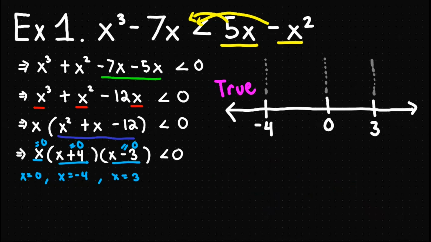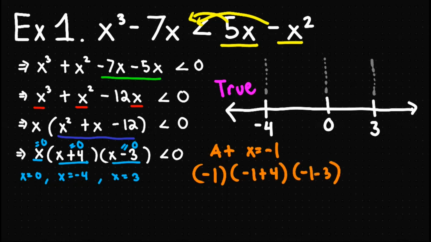Next, we'll have this region out here. So a number between negative 4 and 0 can be negative 1. So trying out negative 1, we'll have at x equals negative 1, negative 1 times negative 1 plus 4 times negative 1 minus 3.